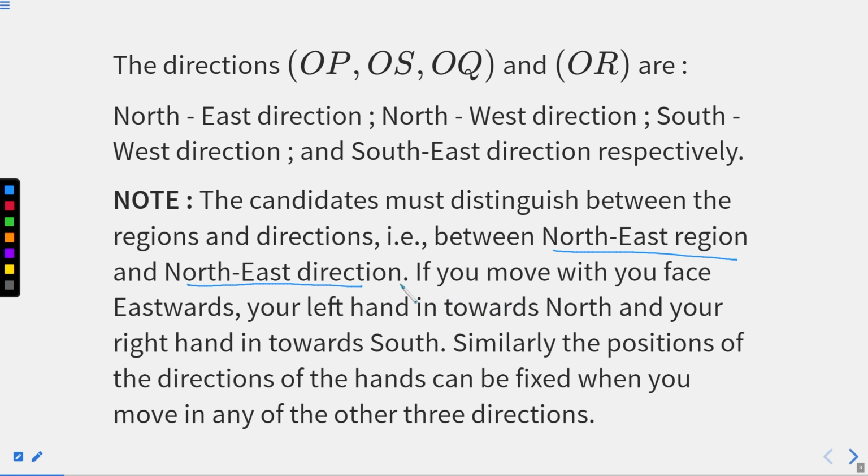If you move with your face eastward, with your left hand towards north and your right hand towards south, similarly the position of your hand can be fixed when you move in any of the other three directions, right? This is how we distinguish.